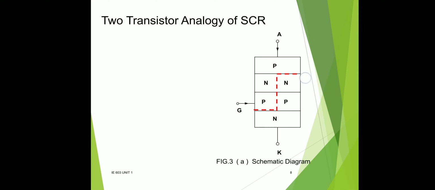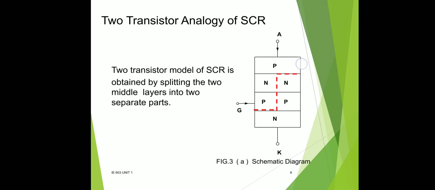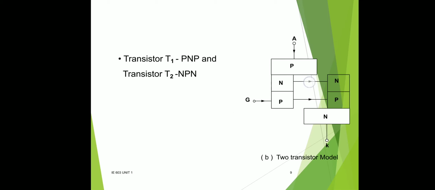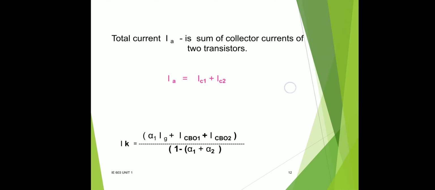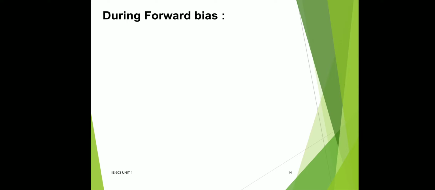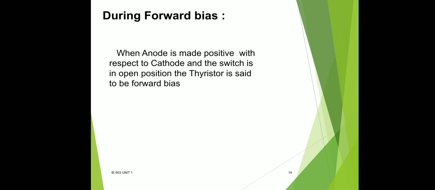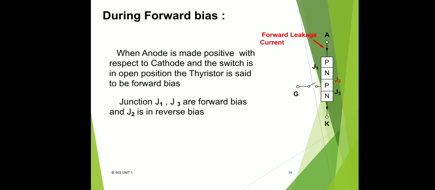Now an anode current flows from anode to cathode; that current is a small leakage current. When the anode is positive with respect to the cathode with the gate open, a small forward leakage current flows from anode to cathode.